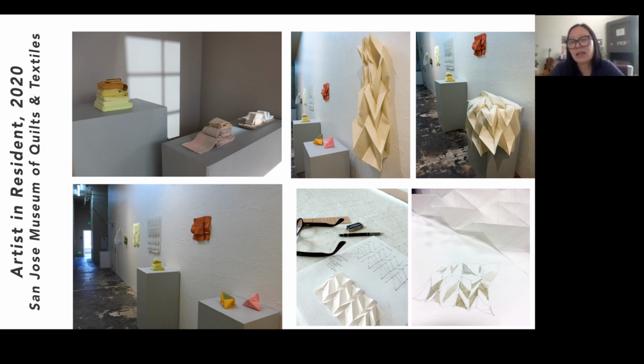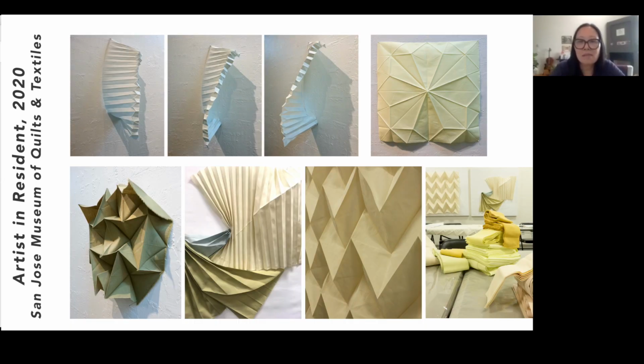Started to investigate mechanical folds, things that can collapse and open automatically or with one movement, and trying to push the boundaries of how three-dimensional a piece of fabric can get with basic ironing. Here are more pictures. I'll just show more photos. These are discrete pieces.